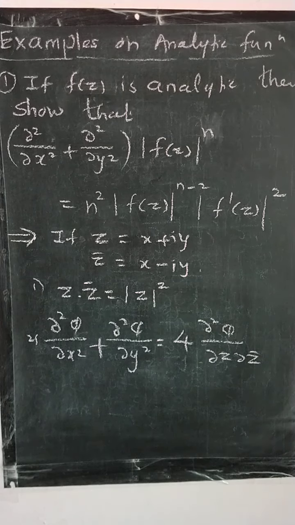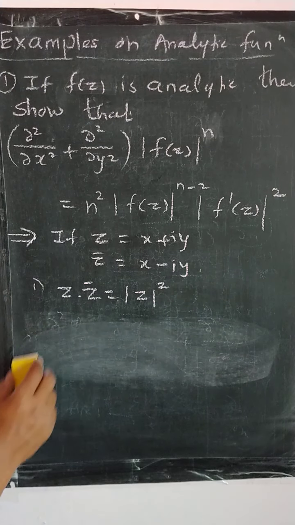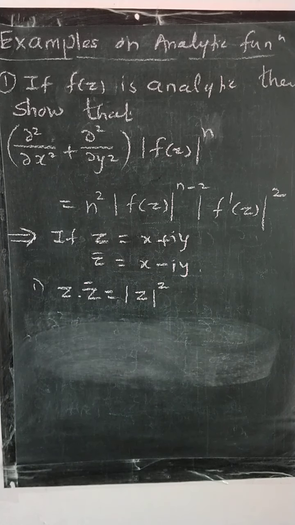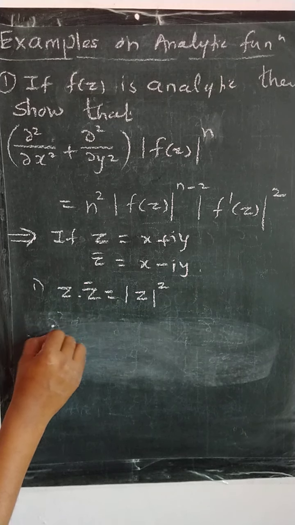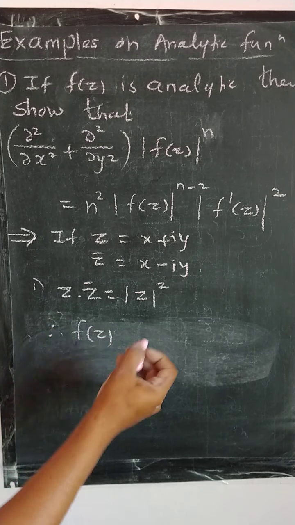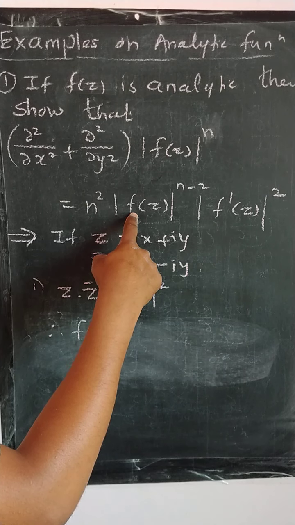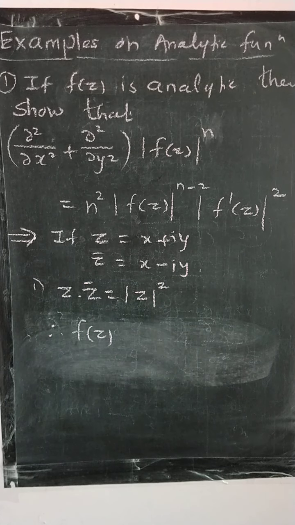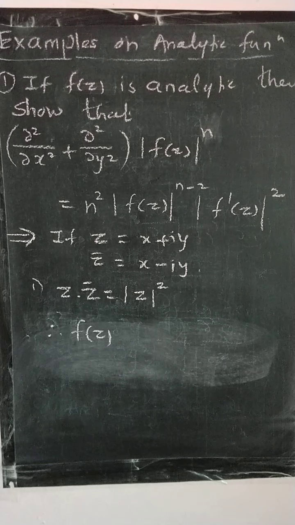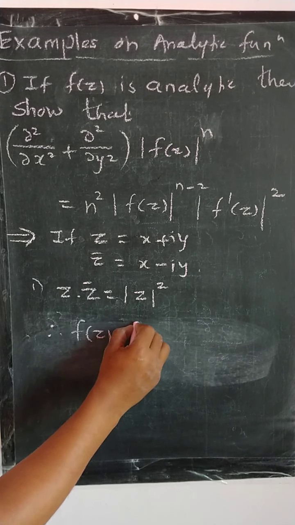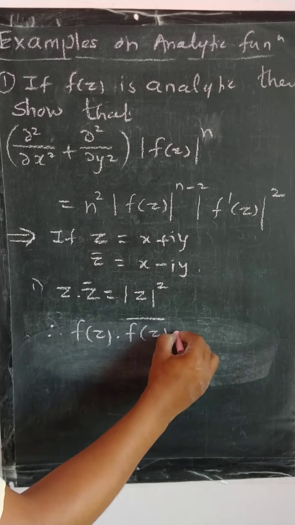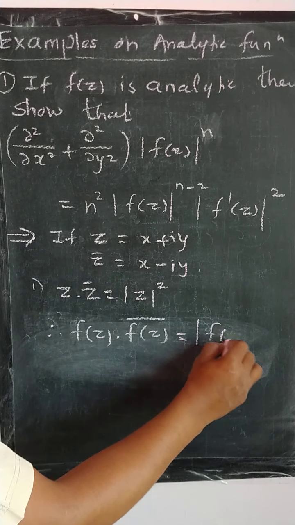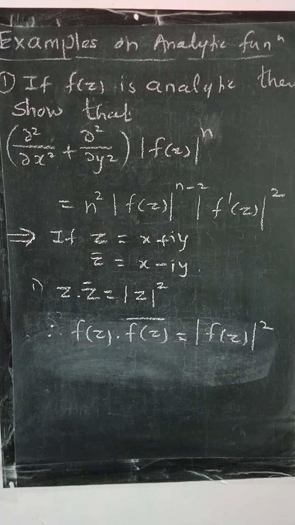Now with the help of this property, z into z bar equal to |z|², I can write, because on the right hand side I have f of z and its derivative, f of z into its conjugate, f of z bar, that will be nothing but |f(z)|². So I am going to start with the left hand side first.